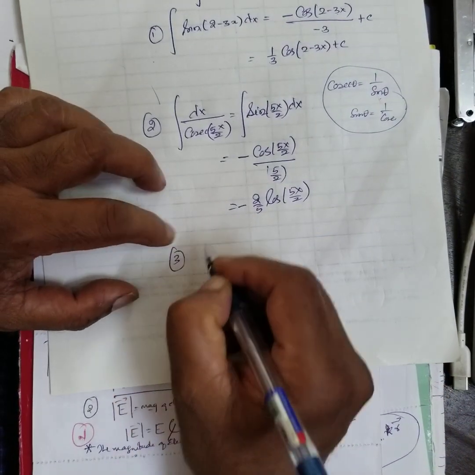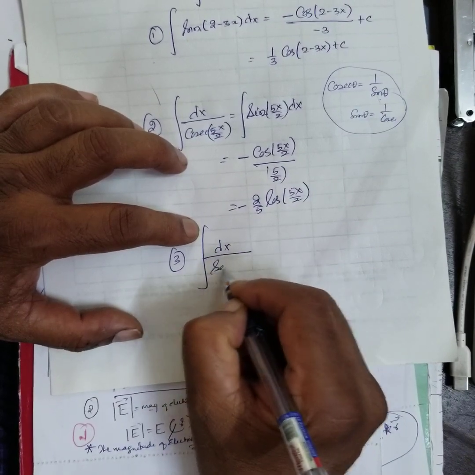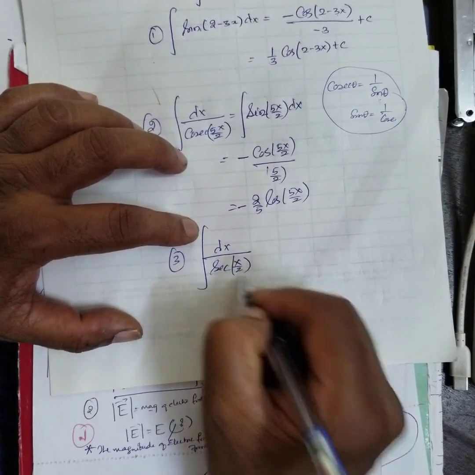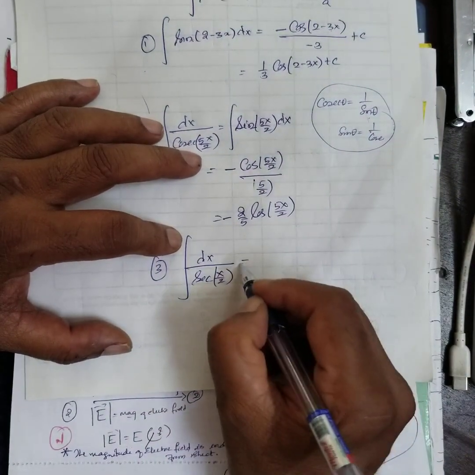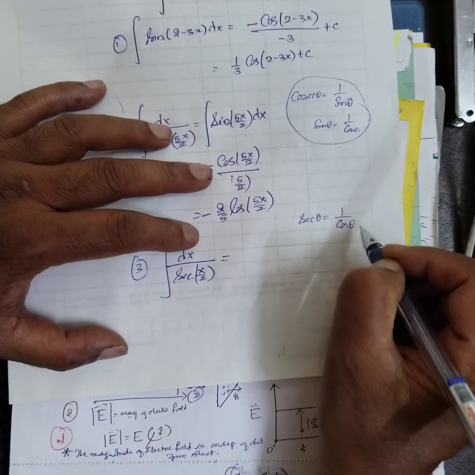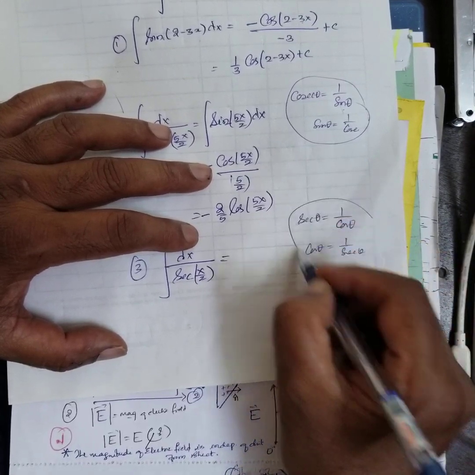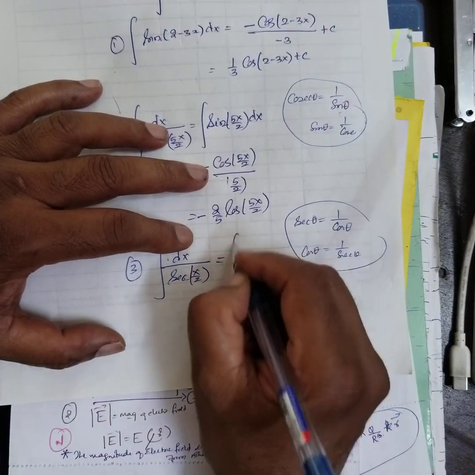Third sum, integration of dx by secant(x by 2). Secant theta is equal to 1 by cos theta, or cos theta is equal to 1 by secant theta. Therefore 1 by secant theta is equal to cos theta.